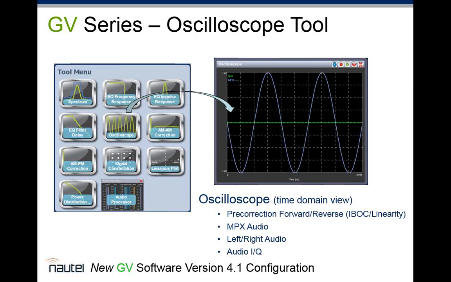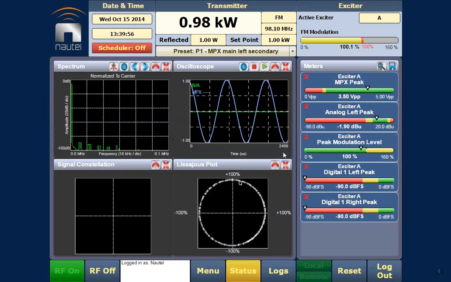So that gives users the ability to assess mainly the linearity of the system, both in amplitude and phase, to see if your forward and reverse signals are aligned and the proper gains are set up. But as we were just looking, you can see the MPX audio, the left-right audio, and even the audio IQ signals. Okay. So let's toggle over to that and take a look.